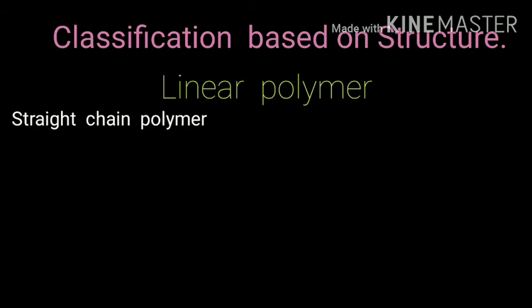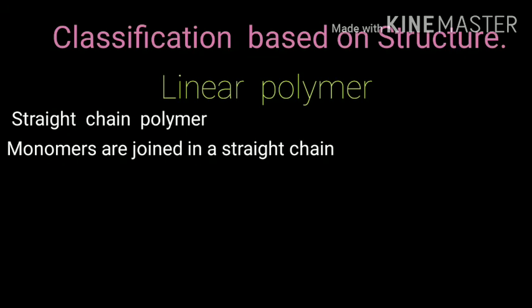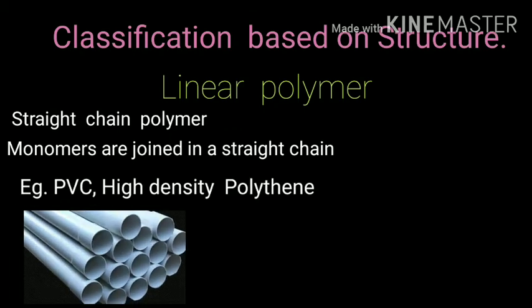First is linear polymer, which is also called as straight chain polymer. Here, the monomers are joined in a linear arrangement or a straight line. It is obtained from bifunctional monomers or alkenes. Bifunctional means a single monomer has two functional groups. Examples of linear polymers are PVC and high density polythene.